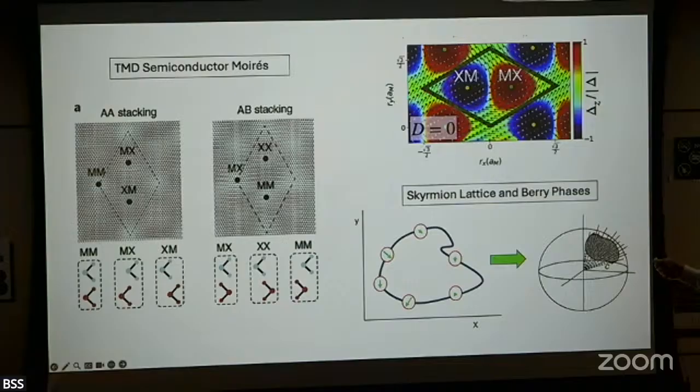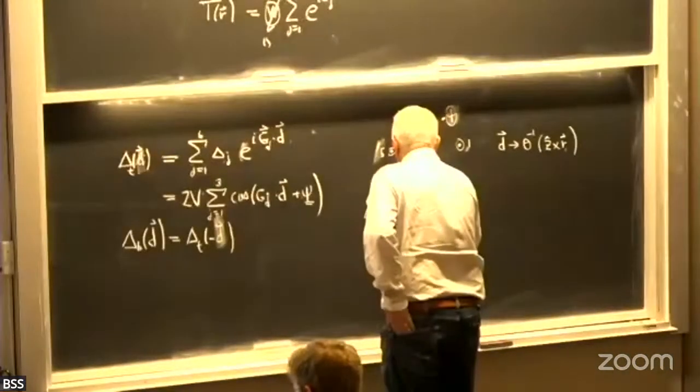And the distance you have to go to get from MM to XM is 1/3 of A1 plus A2. And MX is 2/3 of A1 plus A2, or up to a lattice constant, it's minus 1/3. So you move 1/3 of this A1 plus A2 distance in one direction, you get XM. In the other direction, you get MX. So that means that the potential in the top layer at the XM position is the potential in the bottom layer at the MX position.